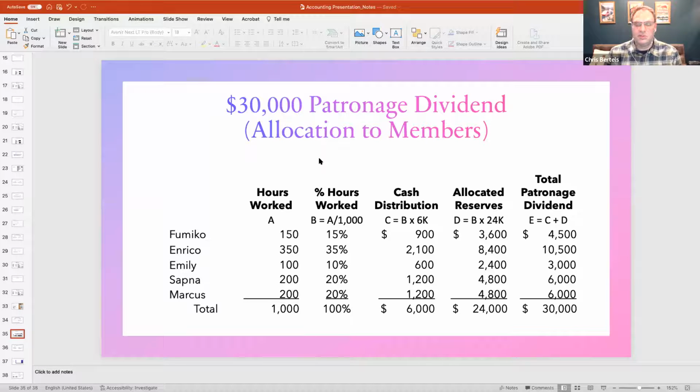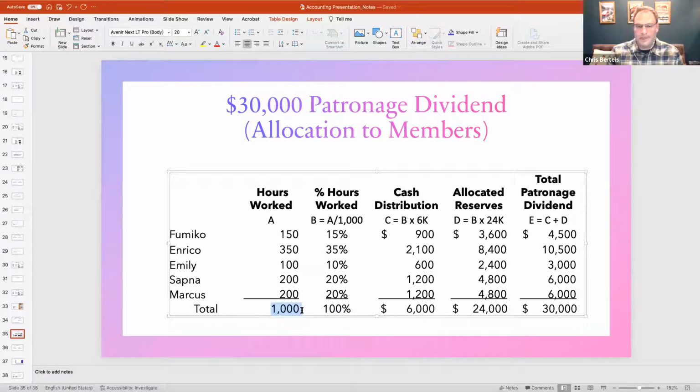It's an aggregate number. So in this hours worked column, there were 1,000 hours worked total by all the members, and above this shows how many hours they worked during the year. So Fumiko worked 150 hours out of the 1,000.